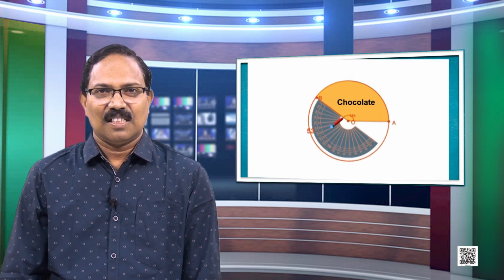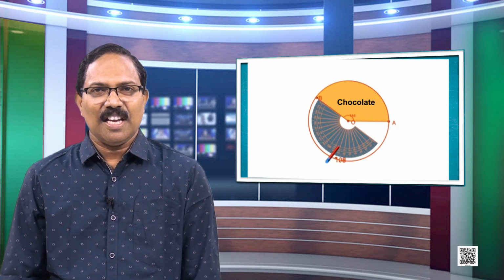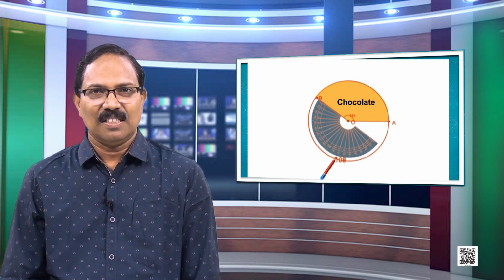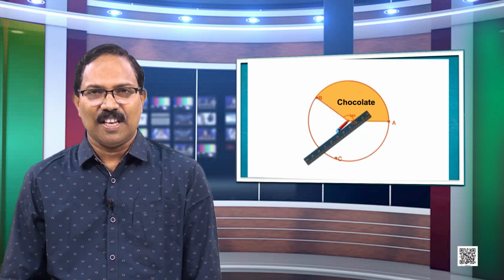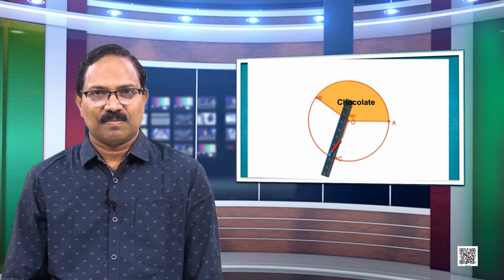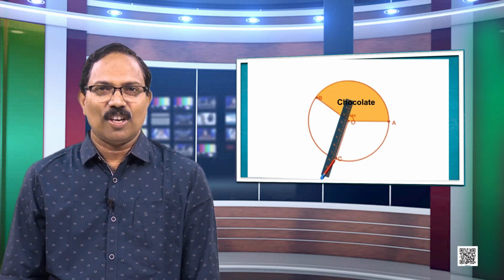Next is vanilla. We have calculated the degree as 108. So use your protractor again. From the remaining part of the circle, you mark 108 degrees. Make a point there and join with the origin.